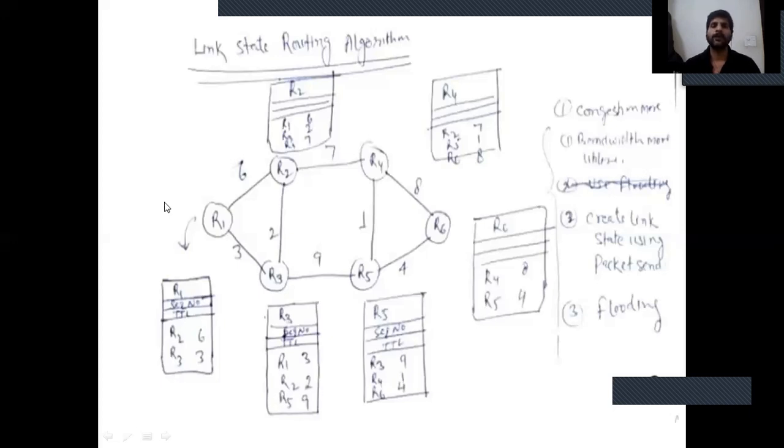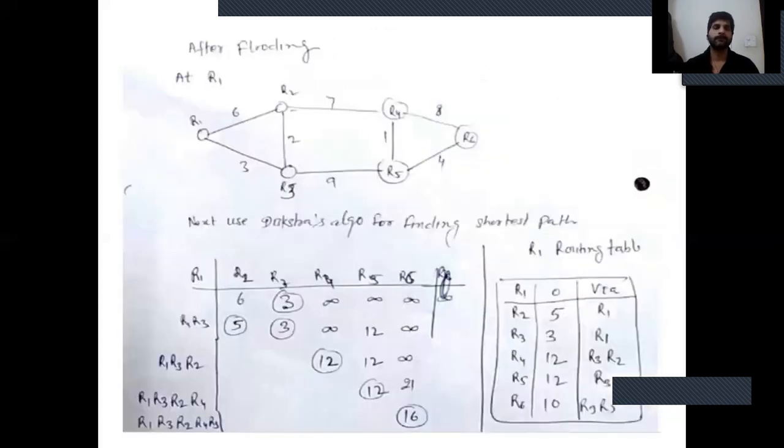So each node contains the information of its neighbors by sending the packet. Now, after sending the packet, the distance vectors with the sequence information and TTL are stored.